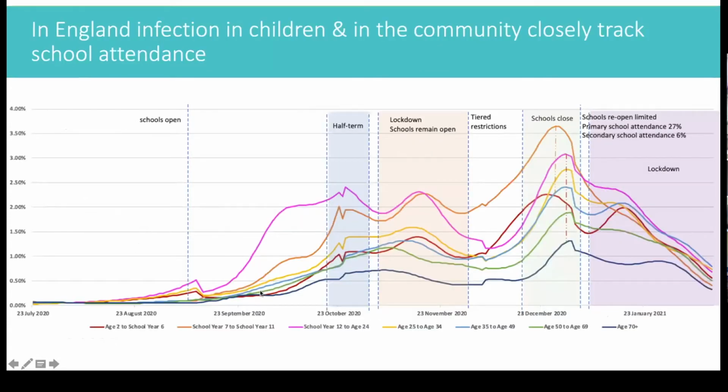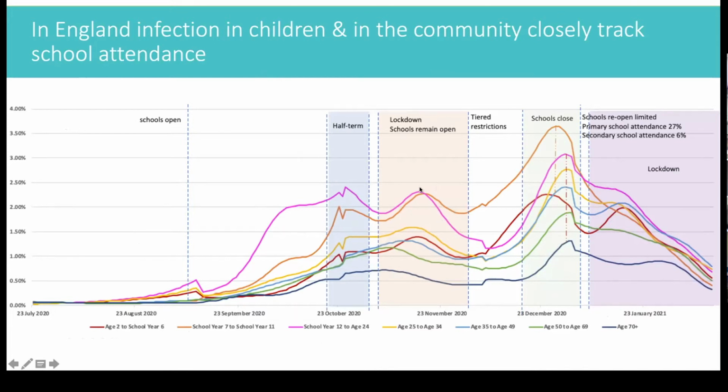So this is data from England, from the Office for National Statistics, which is not biased, because this is based on community surveillance. So this is a study where essentially random households are sampled regardless of whether children have symptoms or not, and tests are done in different age groups to see how many people are positive. And this is the first year of the pandemic.